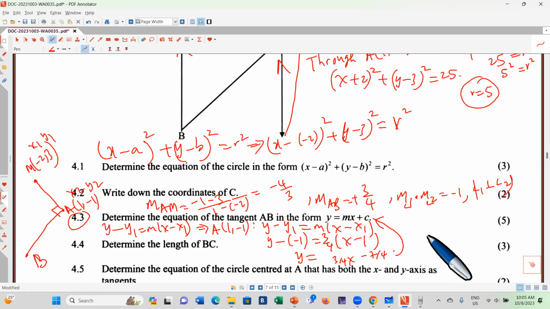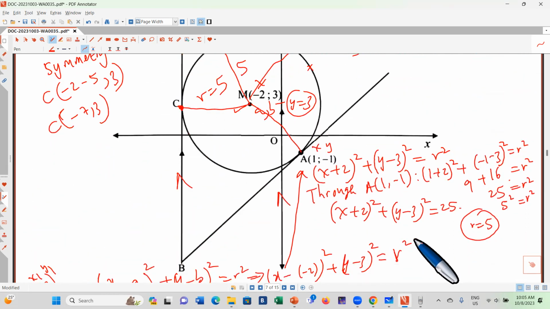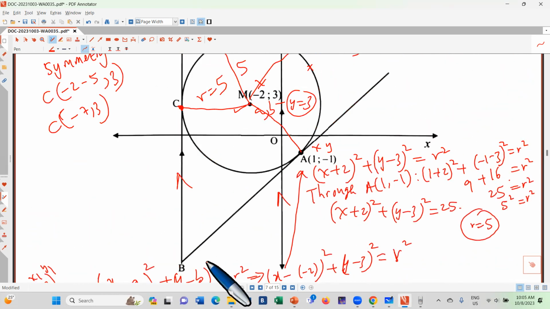You have seen the coordinates of B, but obviously I must show you the diagram as well, because you just need to find the length of BC. That's what the examiner wants. You're saying determine the length of BC. You let me know when you're done.